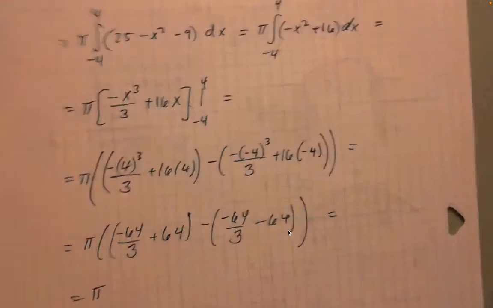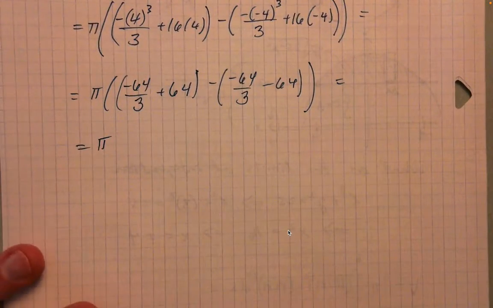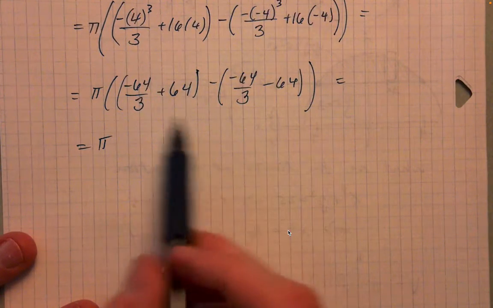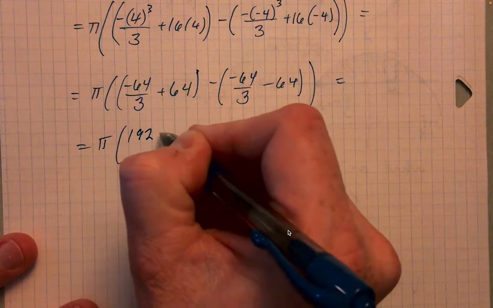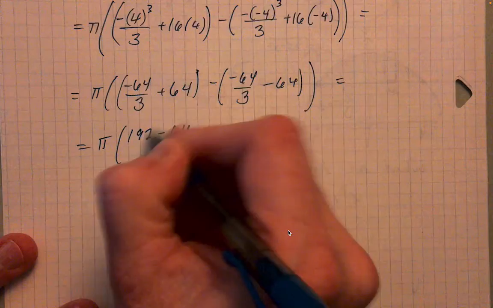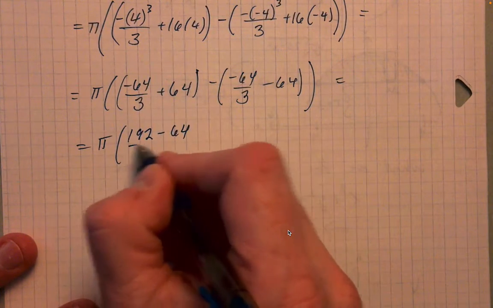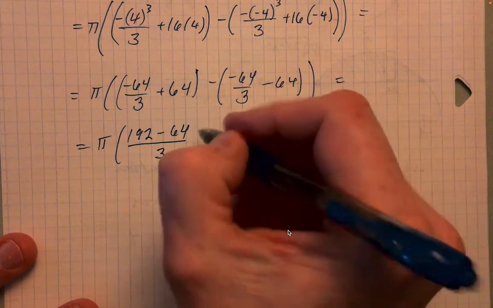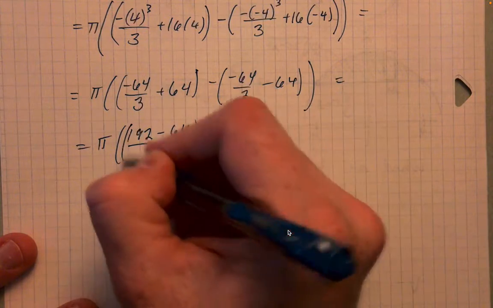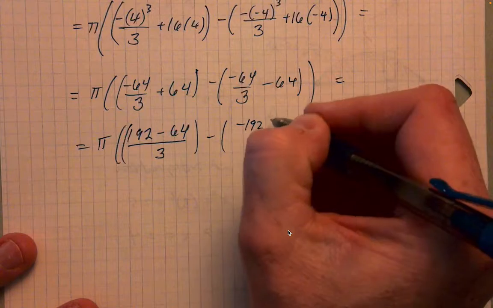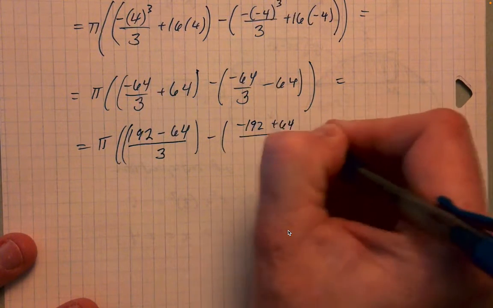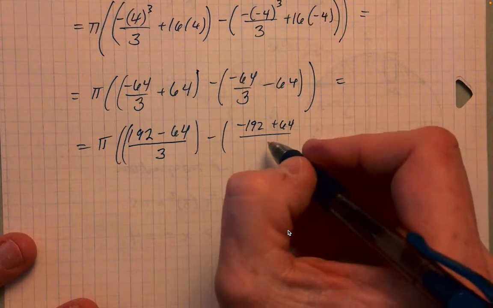And so altogether we'll want to get a common denominator of 3 here, so you get 192 minus 64, I'm kind of rearranging these a little bit, all over 3, minus, and then here you'll get negative 192 plus 64 over 3.